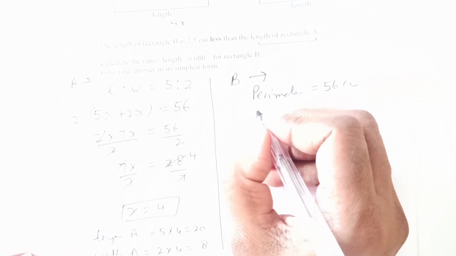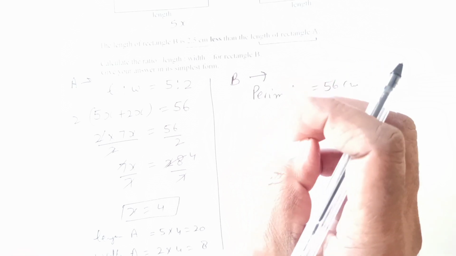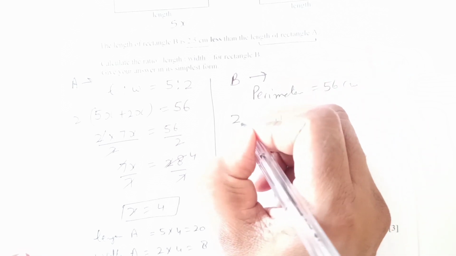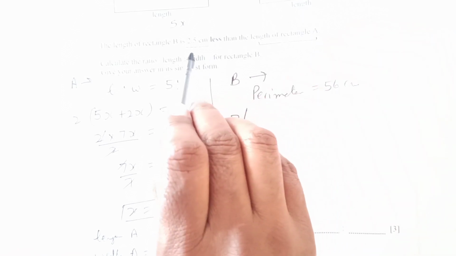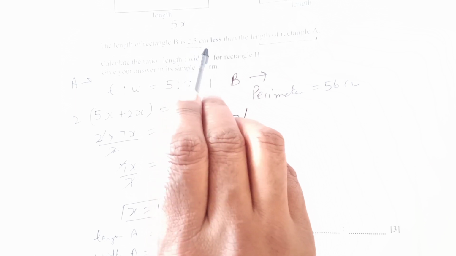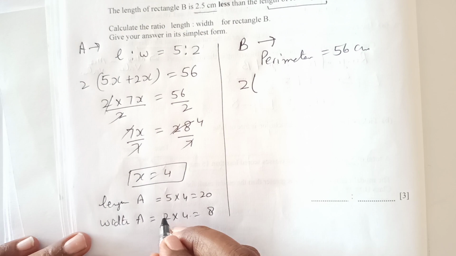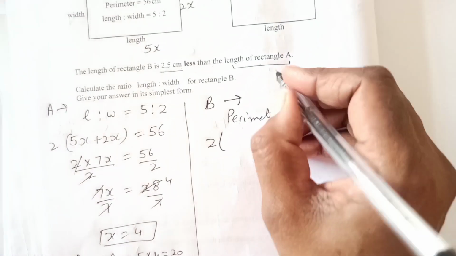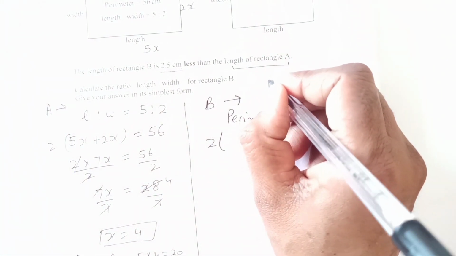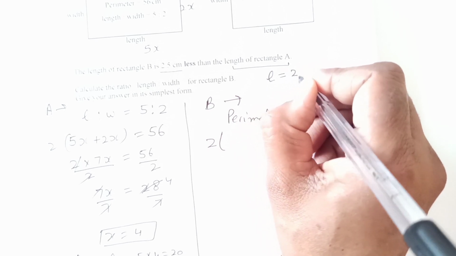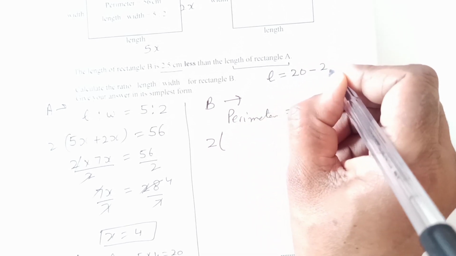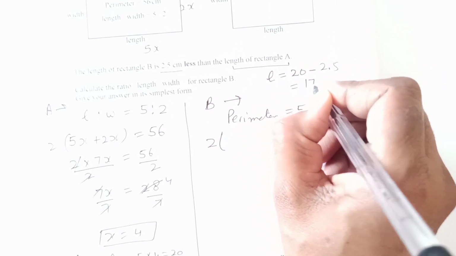So perimeter is 2 times length plus width, right? Now we are given the condition, length is 2.5 centimeters less than the length of this. So this length is 20 and the length of this one will be 20 minus 2.5, which is 17.5.